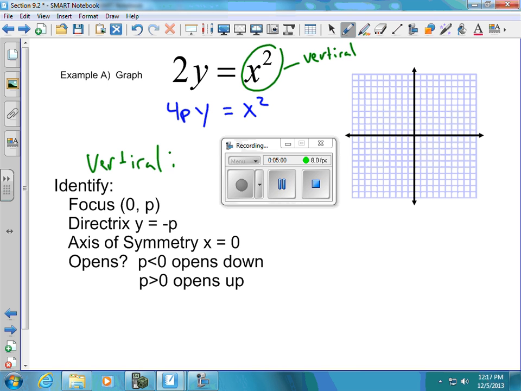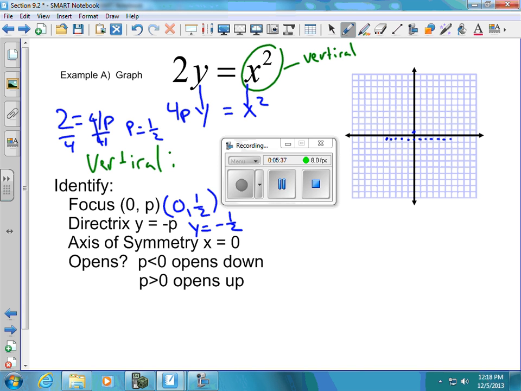Since x squared and x squared are the same, and y and y are the same, that implies 2 equals 4 times p. If I solve this equation, I get p equals 1/2. And then the rest just falls into place: (0, 1/2), y equals the opposite of 1/2, and x equals 0. So the focus is 0, up 1/2.